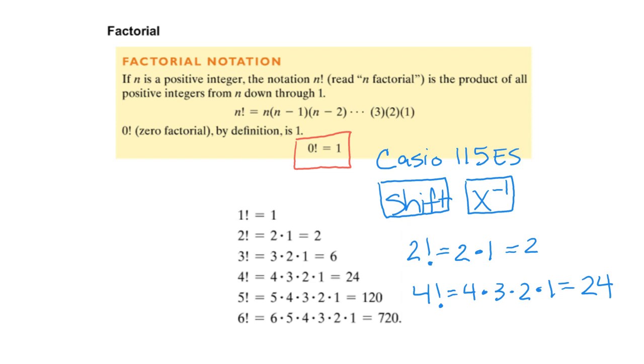When using the factorial button on the calculator, place your number first, then do your shift and x to the negative 1, and that'll give you your factorial symbol.